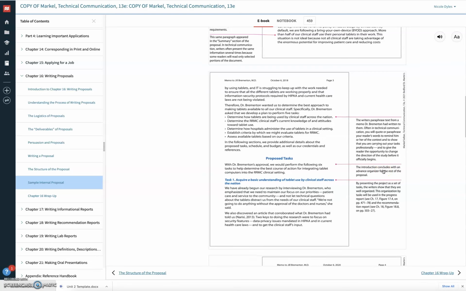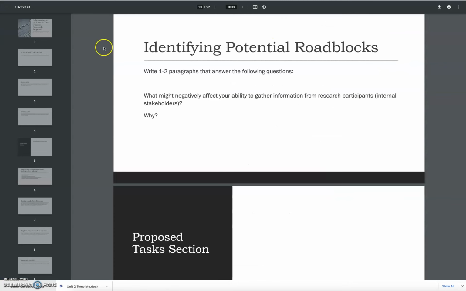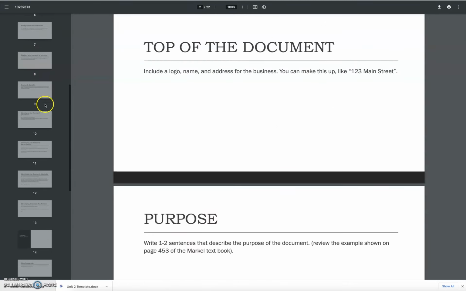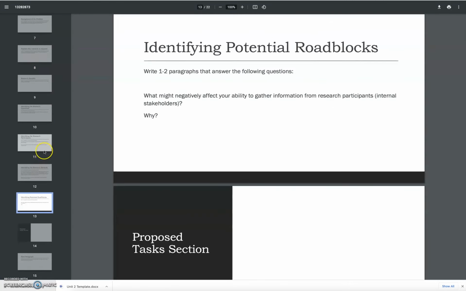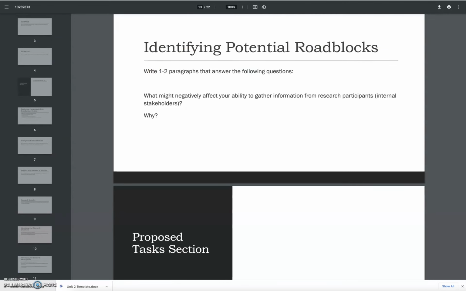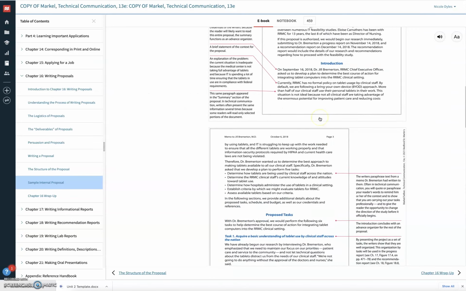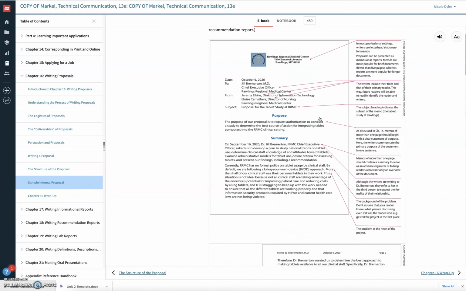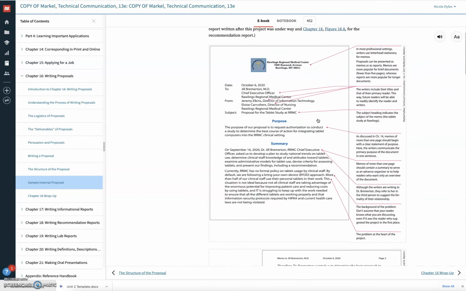So in this video, like I said, we went through slides 2 through 13, which is the introduction portion of your document. In the book, you would look at pages 453 through 459.